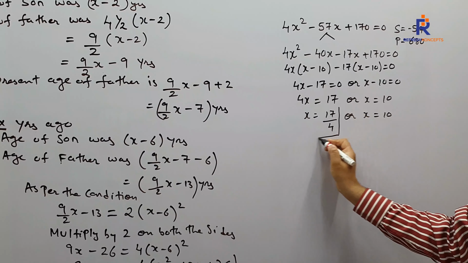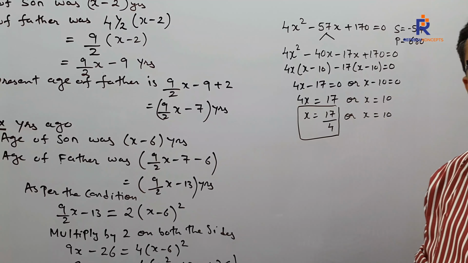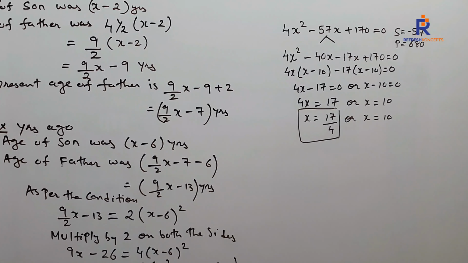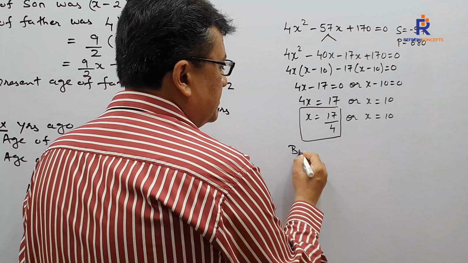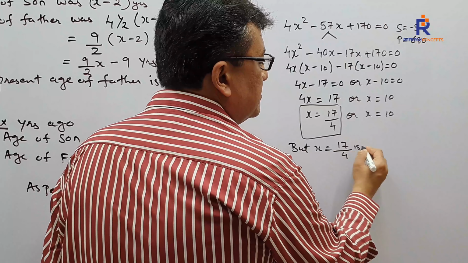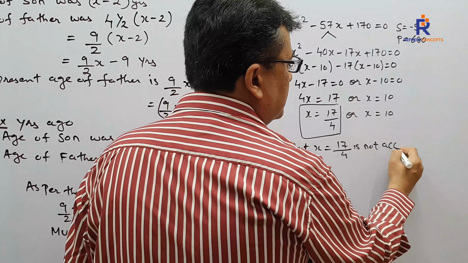Children, don't you think this value needs to be discarded for a simple reason? Because these are sums based on ages, and ages cannot be in fraction. So x equals 17 by 4 is not acceptable.